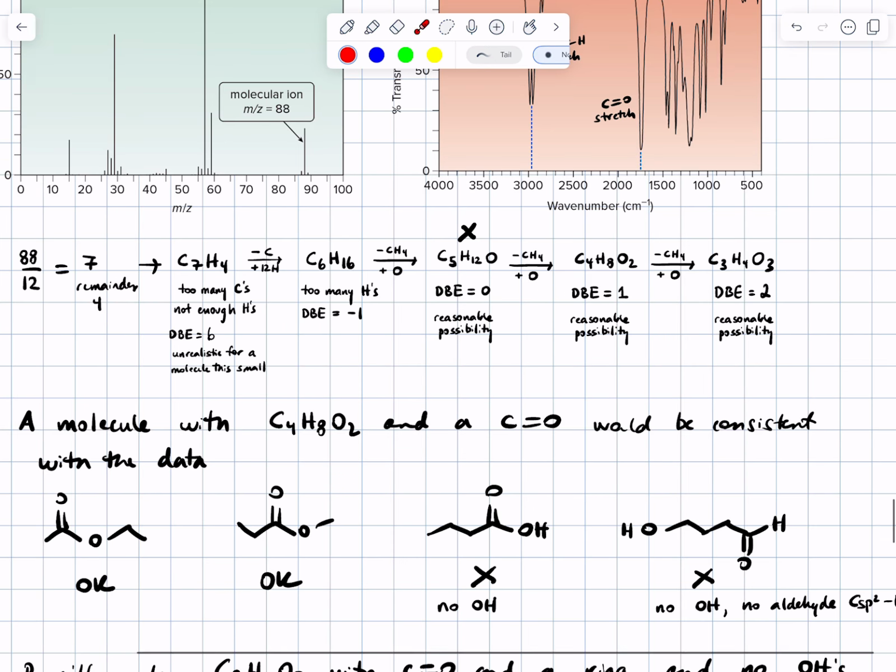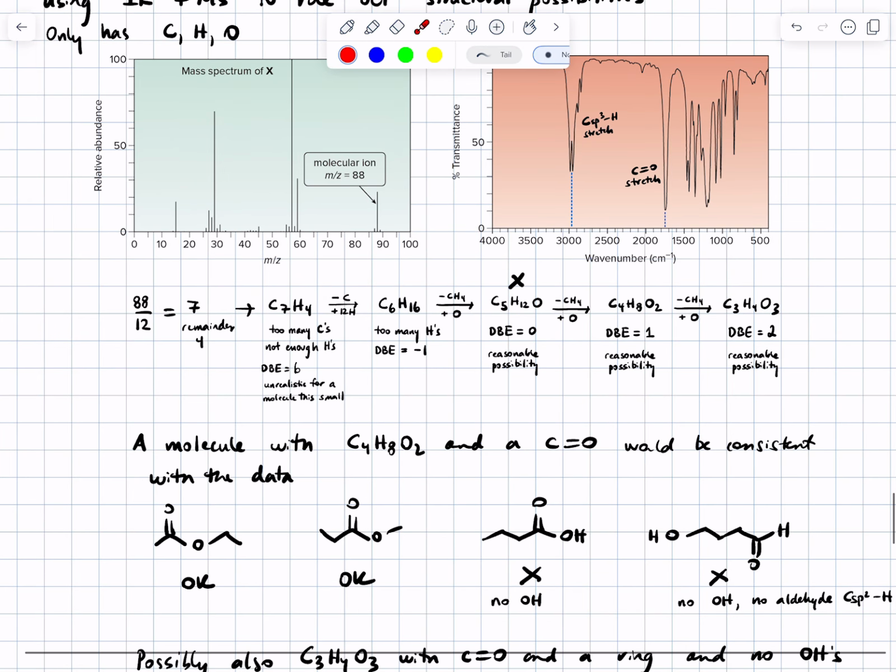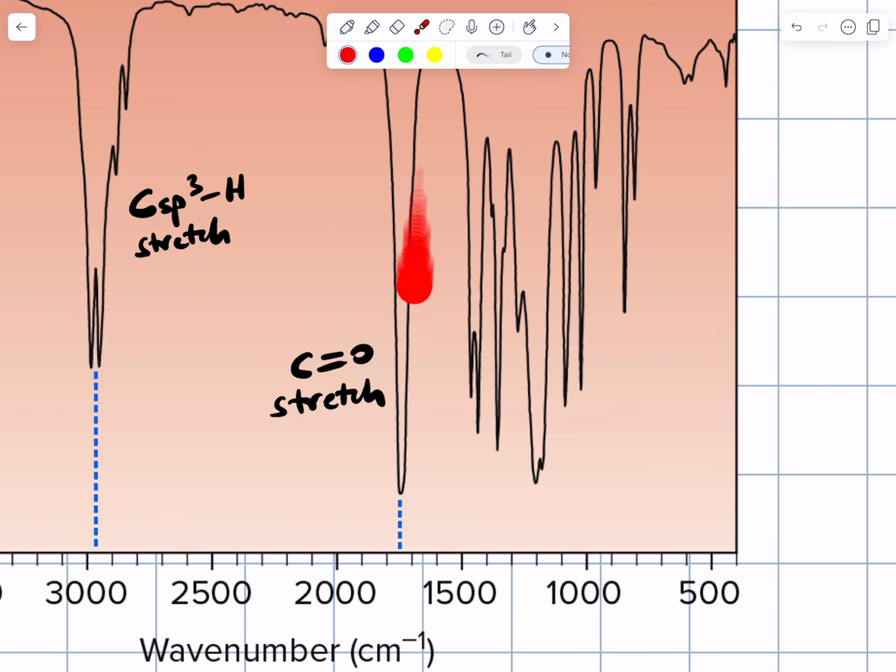But do you see how the IR spectrum is inconsistent with these two possibilities? What's missing? The big OH scoop, right? So we know it's not this. It could be an ester, it could be a ketone and an ether in a different part of the molecule, but whatever it is, there's no OH group. Importantly, I've accounted for the double bond equivalent.